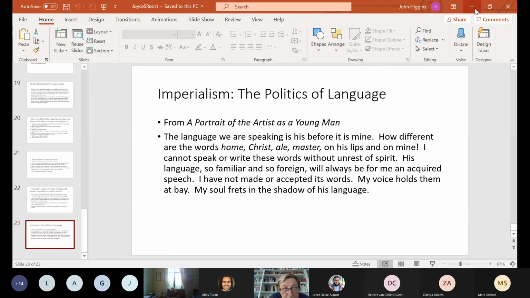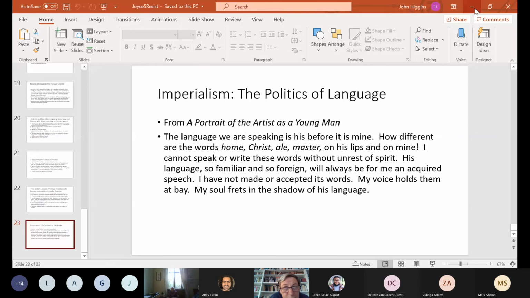Well, maybe one way of thinking about it, Altai, is that when we think of canonical works, we often are taught to think of them in quite depoliticized ways, or we used to be.